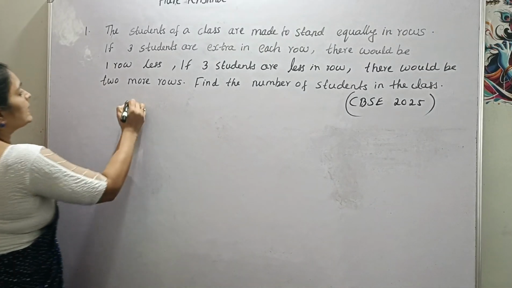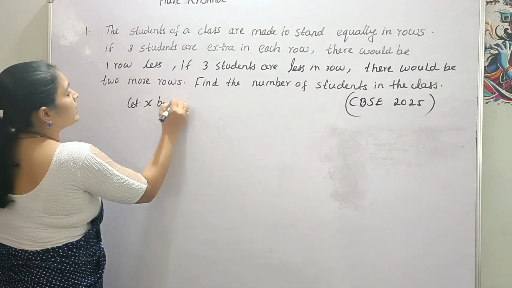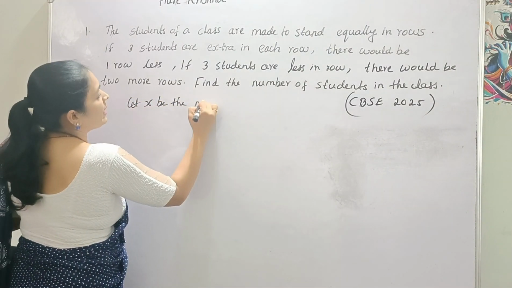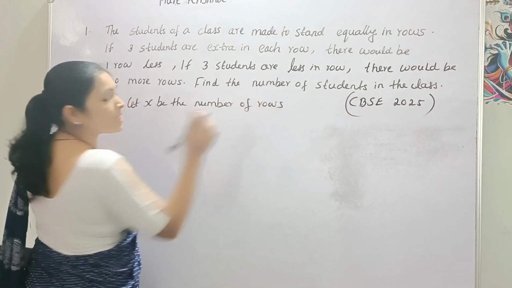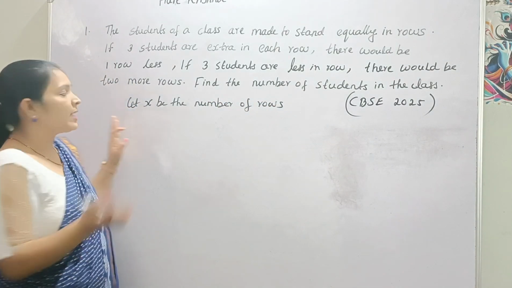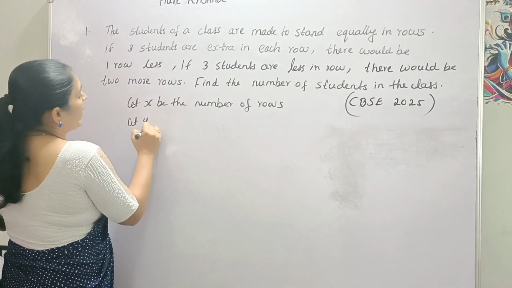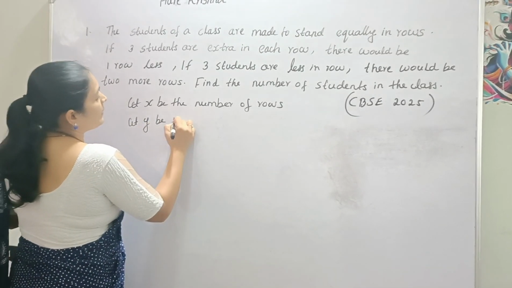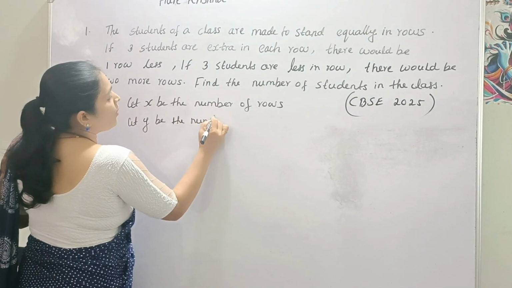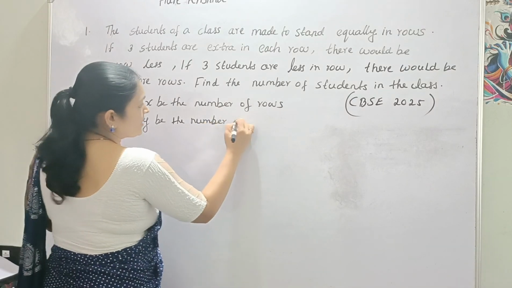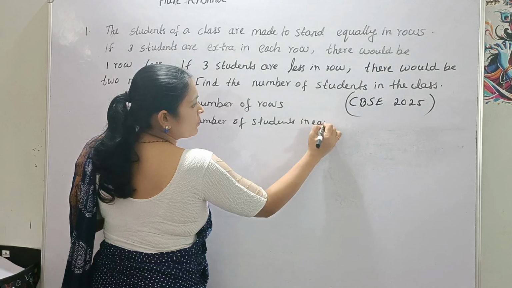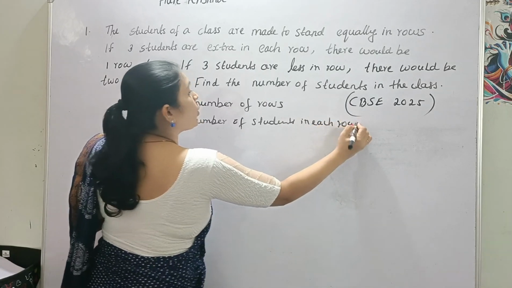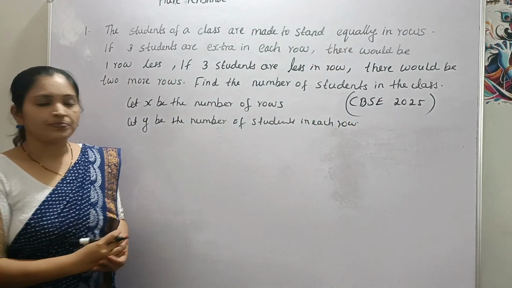So let x be the number of rows, and let y be the number of students in each row.